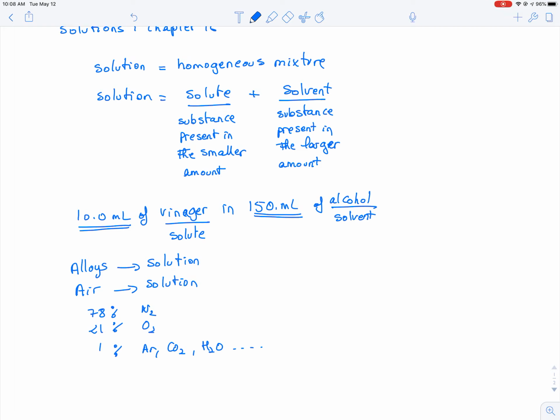Yes, it's a gaseous solution. What is my solvent? Well, the solvent is the substance present in the larger amount. And since nitrogen is the one that's present in the larger amount at 78%, then this is my solvent. And these guys over here are my solutes. So here, in this case, I have more than one solute.